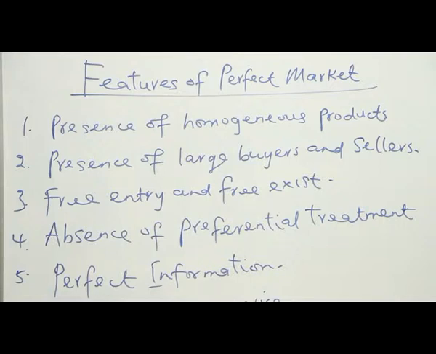So if you can have the product to be like this, then the market is a perfect market. But if the products are not the same, we cannot call it a homogeneous product. So such a product cannot be referred to as a product in a perfect market. So the product must be homogeneous, must be the same, that is identical, across different sellers.